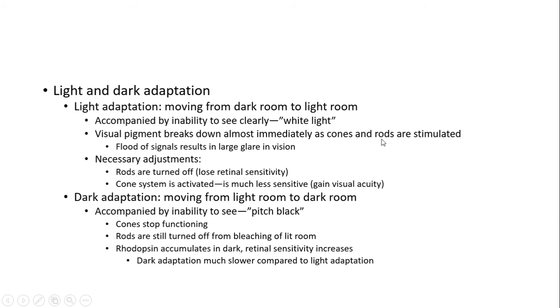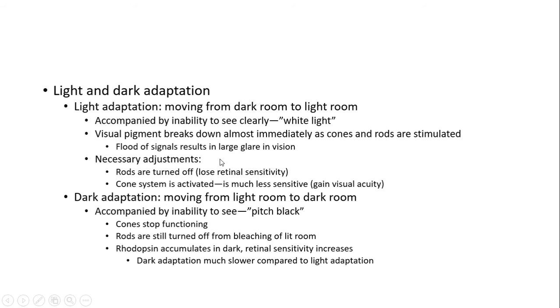When that happens, the cones become stimulated, and then the rods become stimulated in order to break down that pigment when they absorb those photons, the light energy. So you get a flood of signals, which results in that large glare in vision that you would see when going from a dark room to a light room.